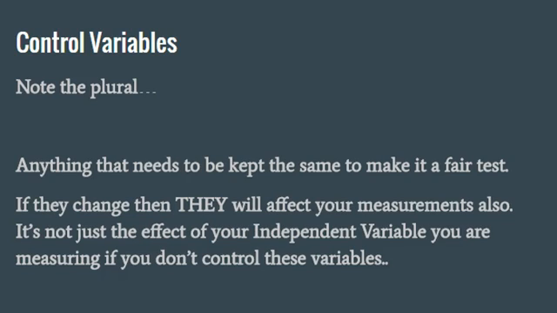If you drop different size objects, of course they're going to have different splat sizes because they're different sizes to begin with. So you have to control a lot of variables to make sure that the only thing that's changing in this case is the drop height, and nothing else is going to affect my splat size.